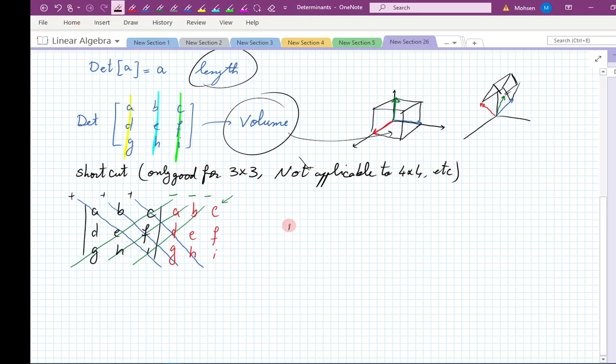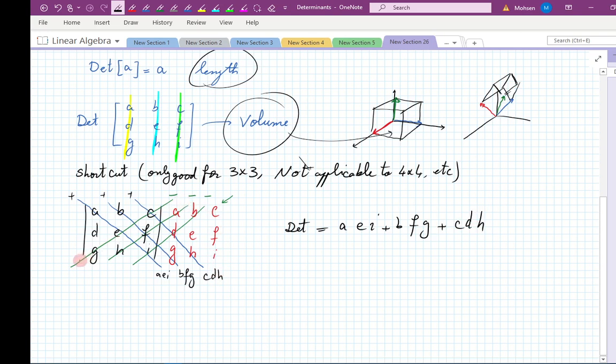So the determinant in this case turns out to be AEI. That is this. When I multiply it, AEI, and then I have BFG. So here's my BFG, and then CDH. So here's my CDH.